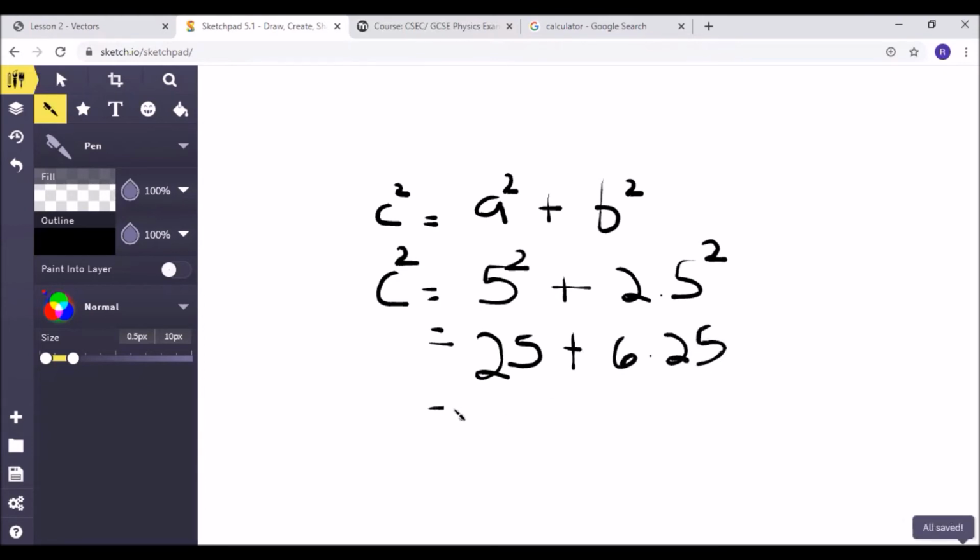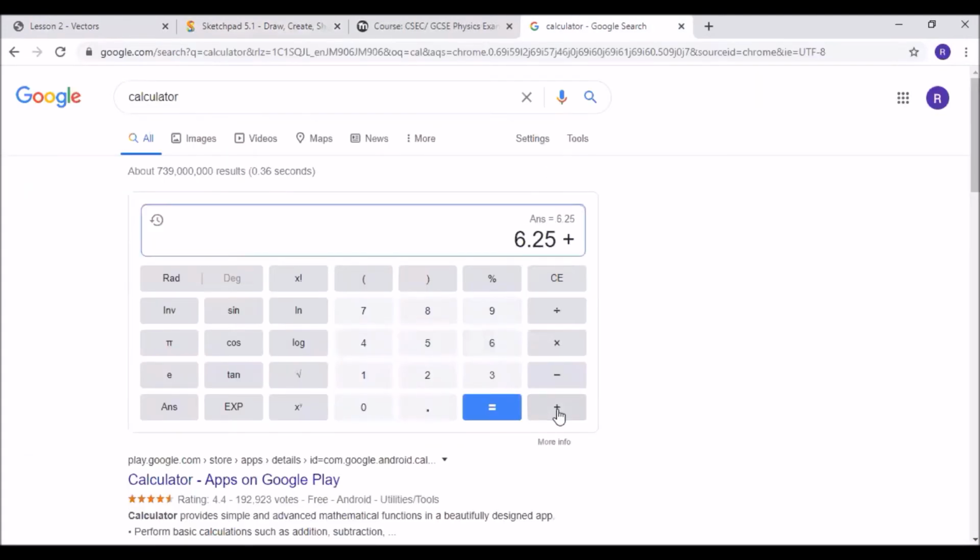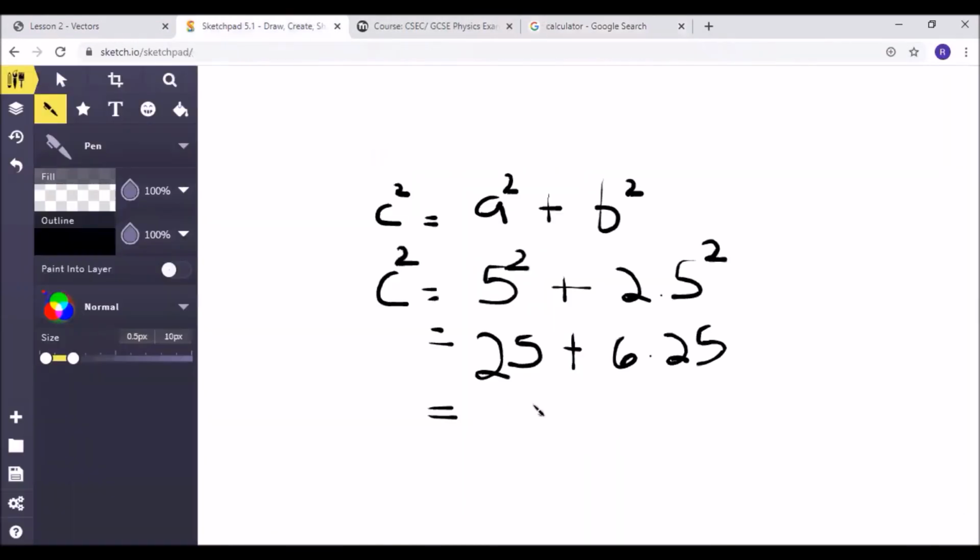Now let's add these both. 6.25 plus 25, and that gives us 31.25.